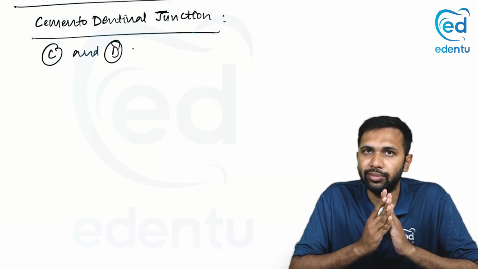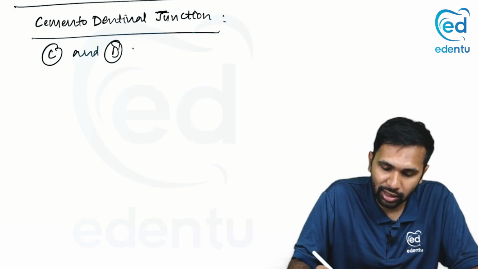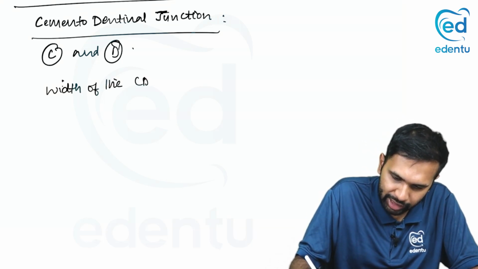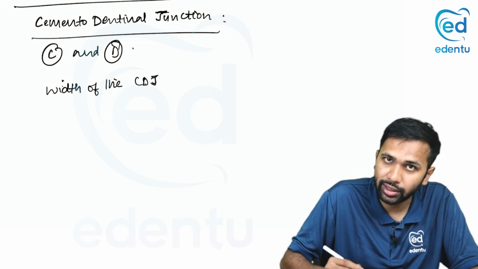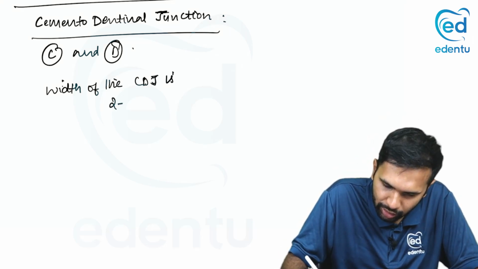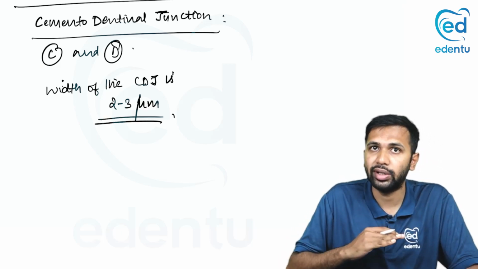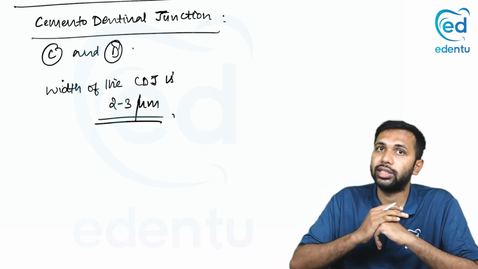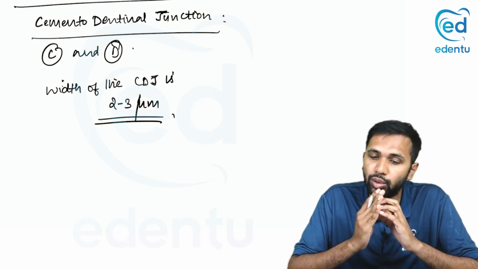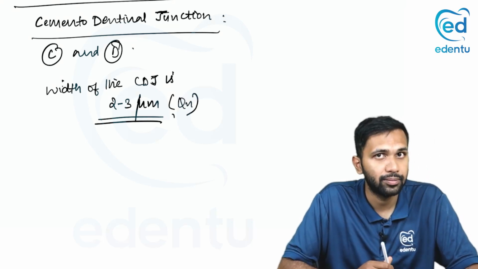There is only one point that you should know: the width of the cementodentinal junction, the CDJ, is around 2 to 3 microns. It is very narrow, very thin, and this has been asked in your exam.